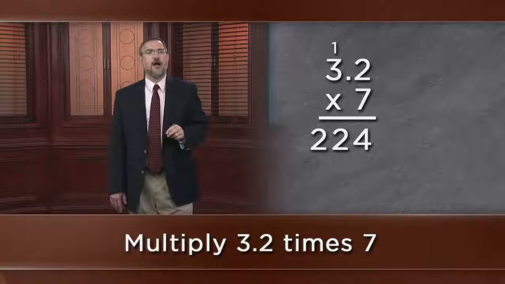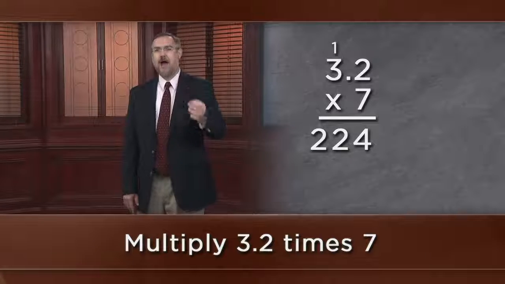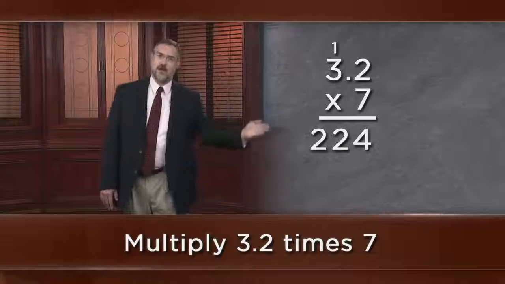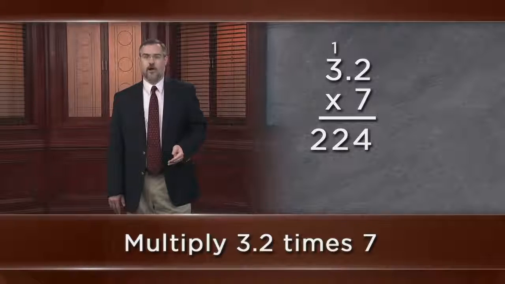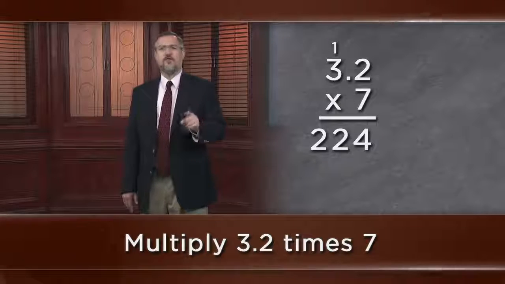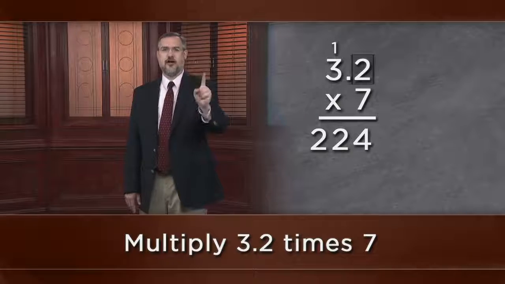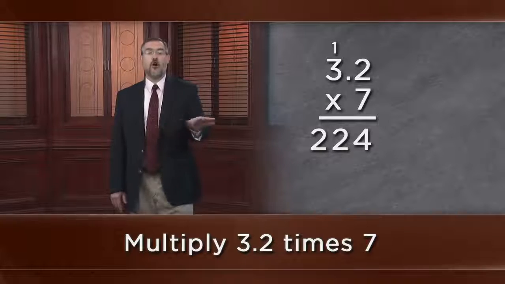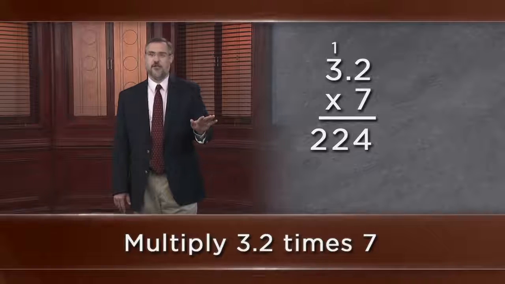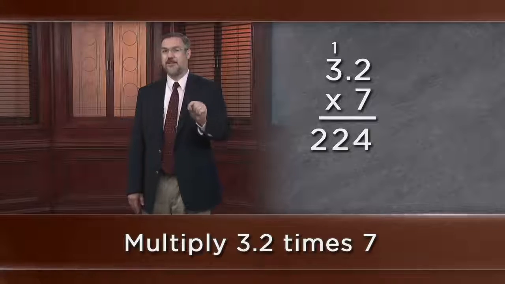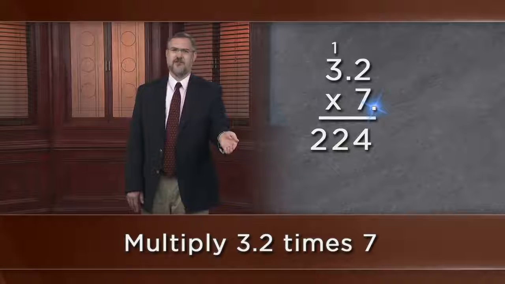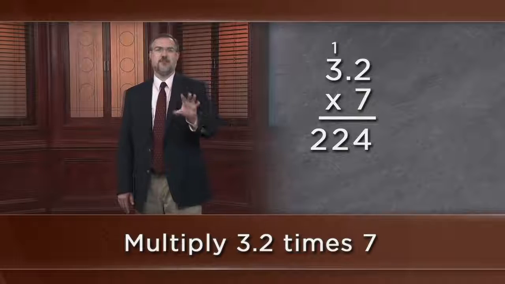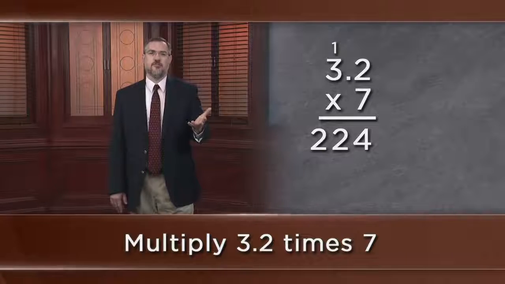And here's how. I want you to answer this question for me. How many digits in the numbers in the original problem were to the right of the decimal point? Well, in the 3.2, we have exactly one number that's to the right of the decimal point, and that's the number 2. And in the 7, there are no numbers to the right of the decimal point, since we understand that the decimal point in 7 is just to the right of 7. So there's exactly one digit to the right of the decimal points in the original two numbers that we started with.